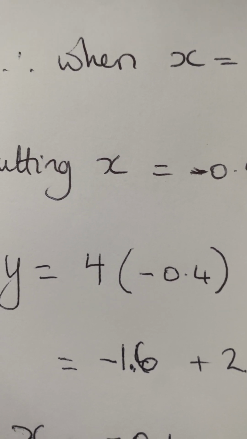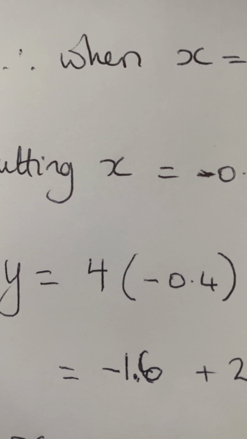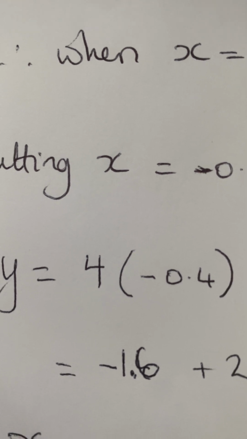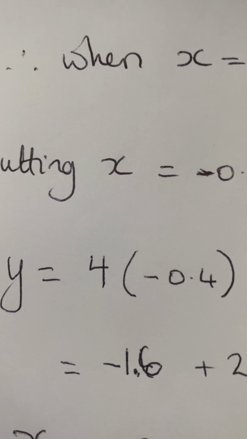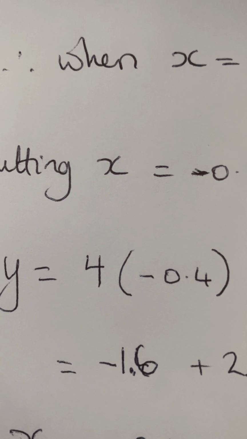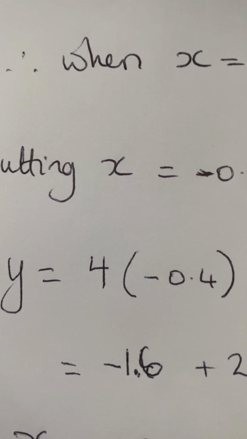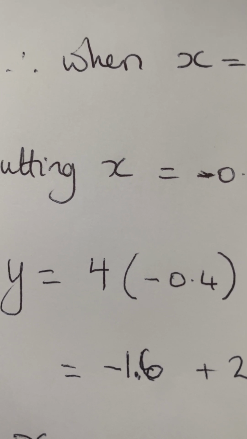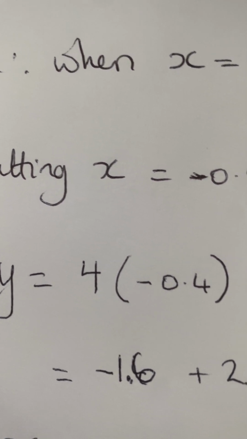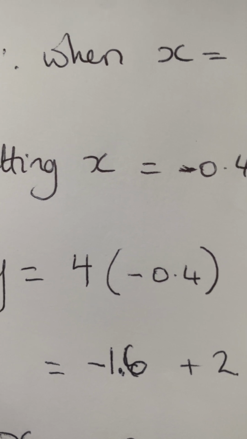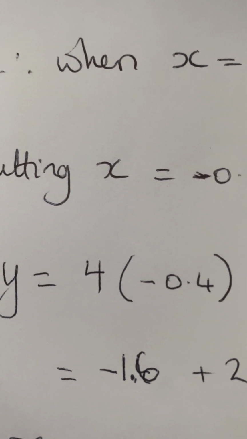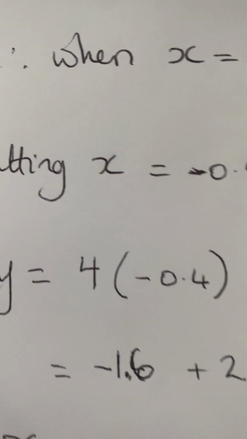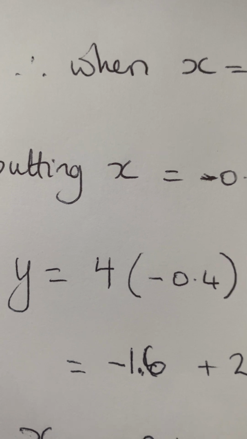If you give just the x value, then you are wrong. So read the question. What are they asking me to do? They've asked you to leave it in one decimal place, then you put your x value and move on. But assuming in another question they ask you to leave it as coordinates, this is what you are going to do. I'm using this question to go a bit further and show you if they ask that.